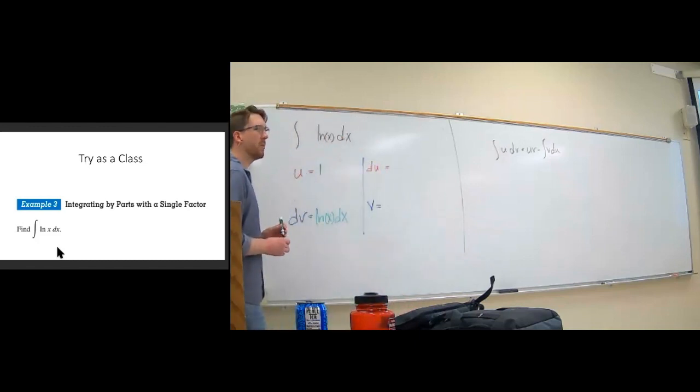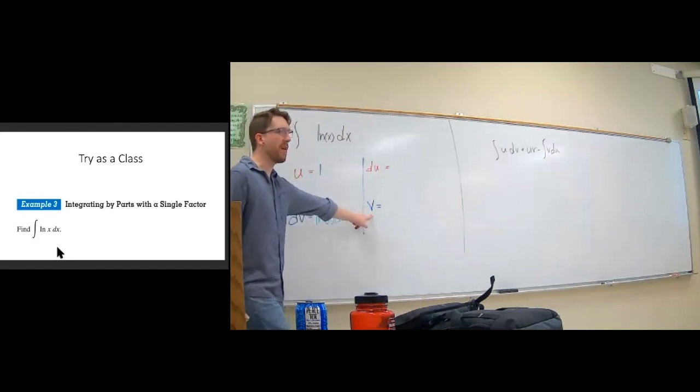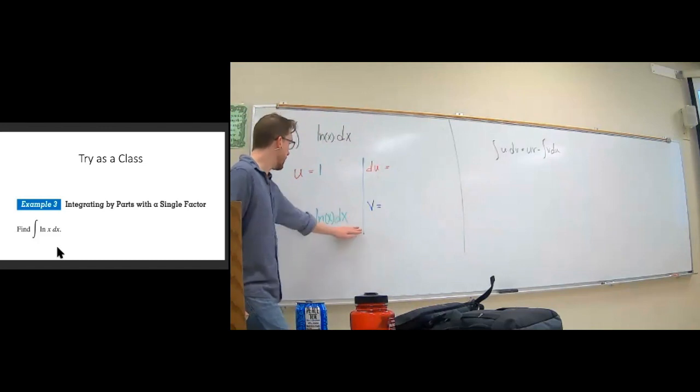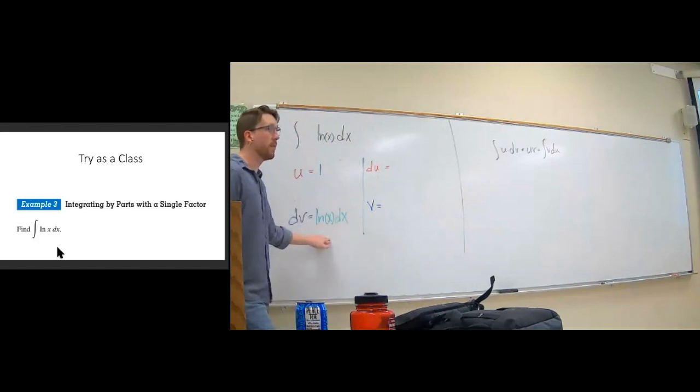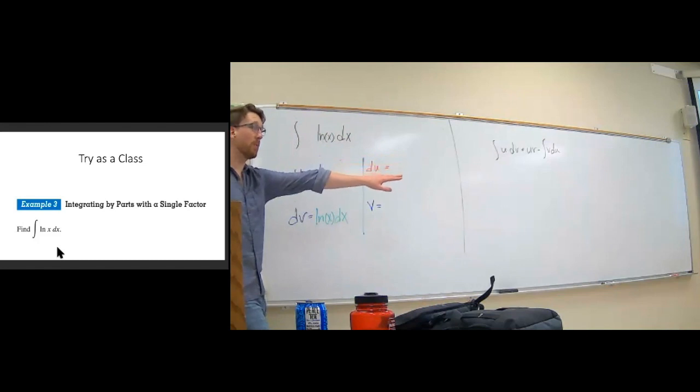Does that help us at all? Nah, because we're still going to have to solve that integrand, and this is the integrand we don't know how to solve. So this isn't going to work, and we can see that right away, just because if we set it up this way, we end up with the exact same problem.